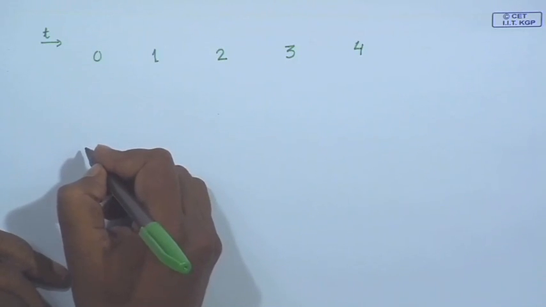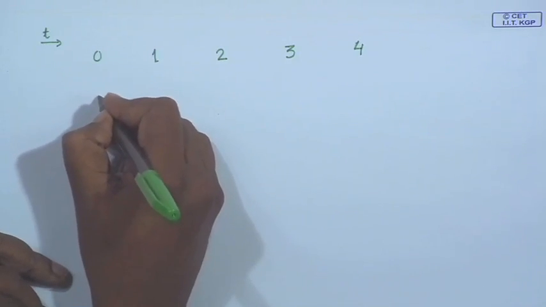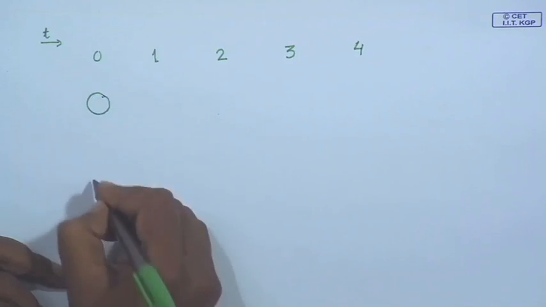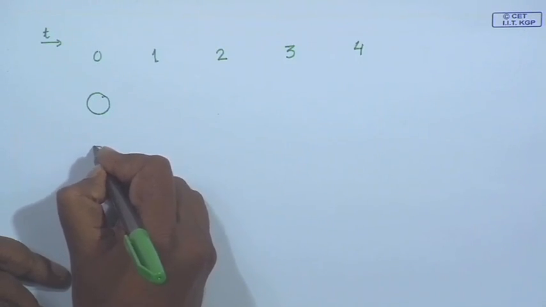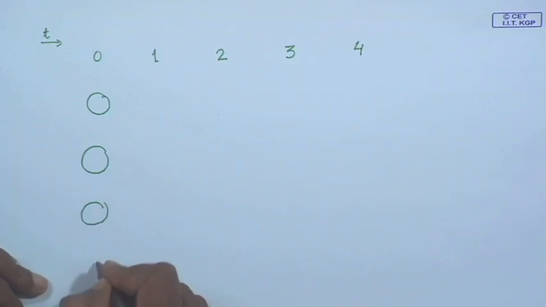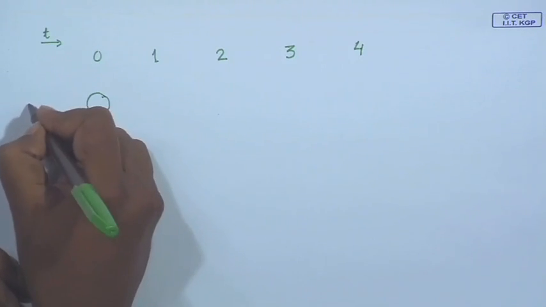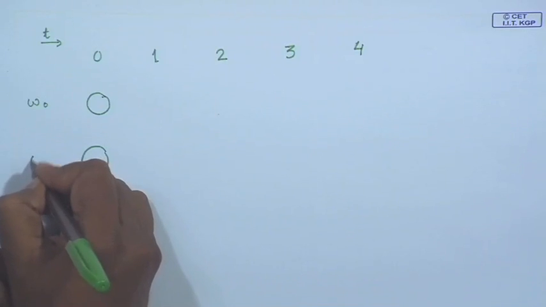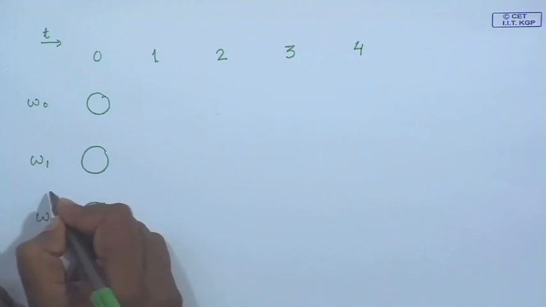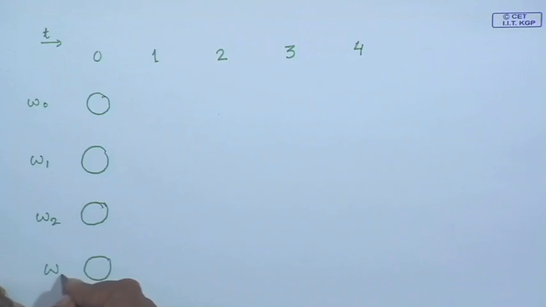At each time I have different states: omega 0, omega 1, omega 2 and omega 3. Let me put omega 0 in the first row, omega 1 in the second row, omega 2 in the third and omega 3 in the fourth row. So, this is the situation that I have.